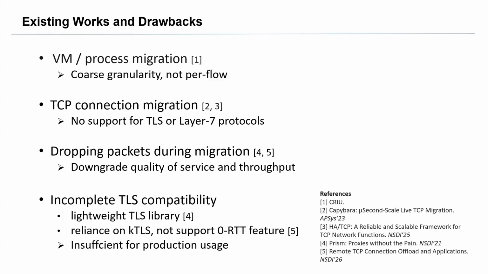They also have incomplete TLS compatibility. For example, they rely on the kernel TLS or lightweight TLS libraries that lack support for important features like zero RTT in TLS 1.3, so they are insufficient for production usage.